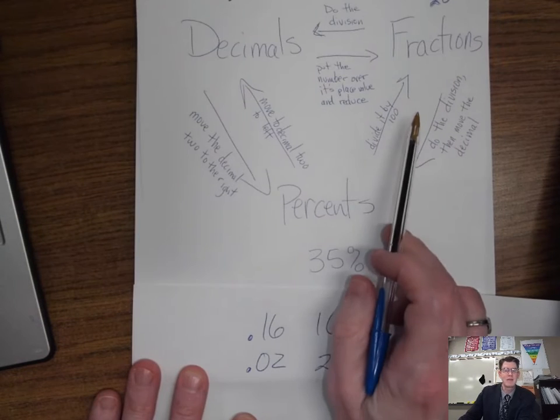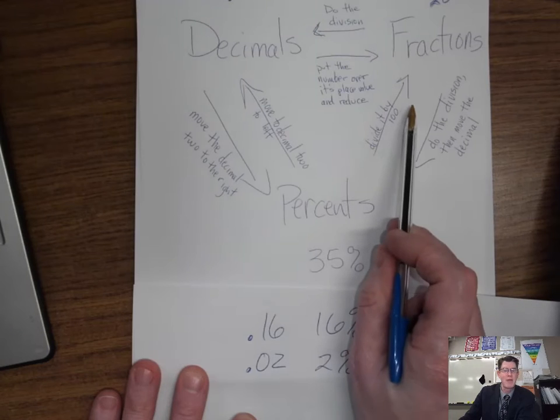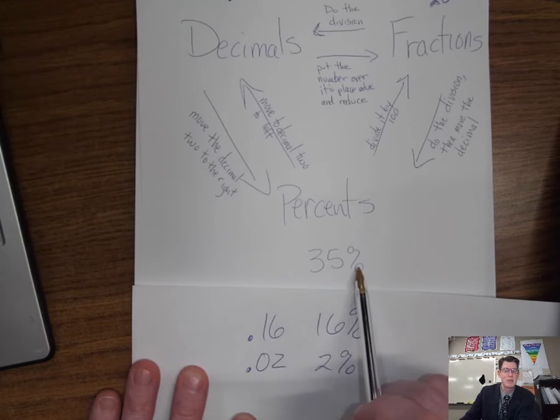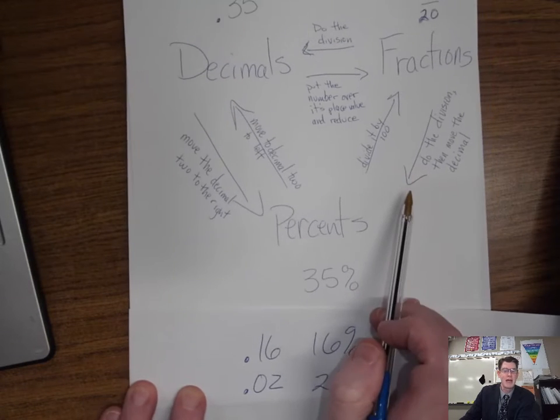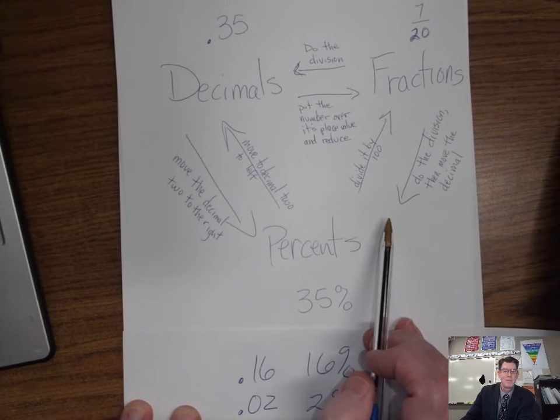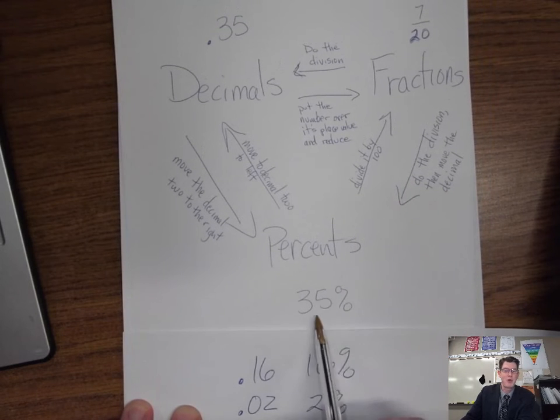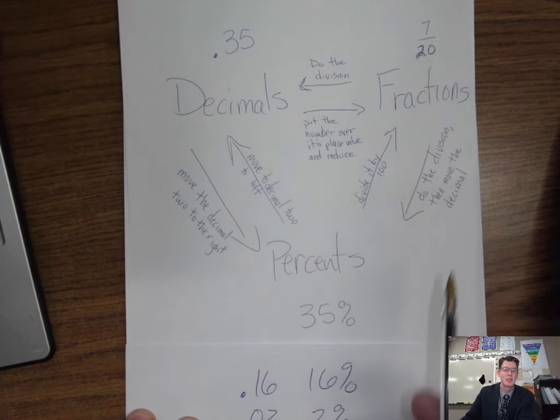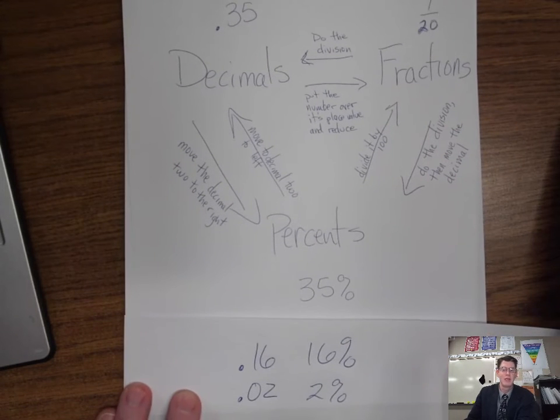Now to change percents to fractions, I just divide it by the 100 that this percent sign means. So 35, when I divide it, I just put 35 over 100 and it reduces to 7/20.